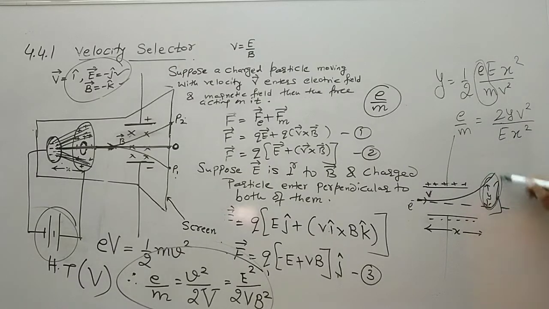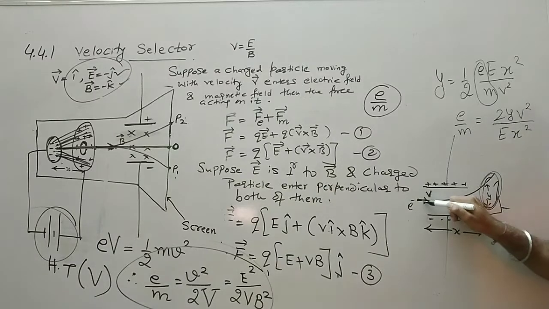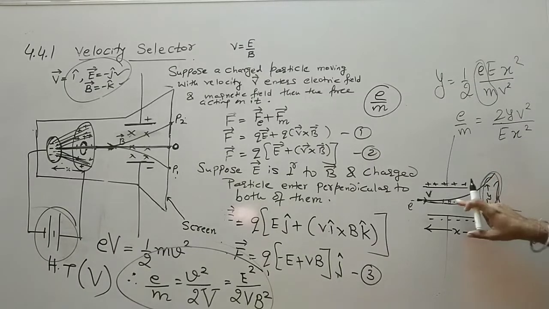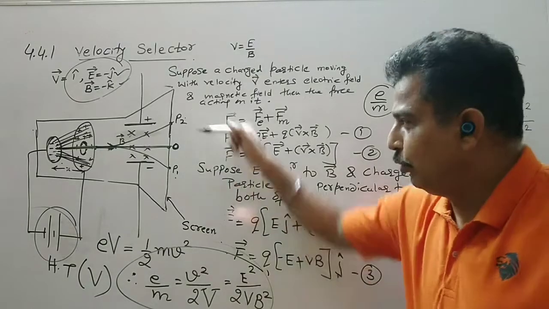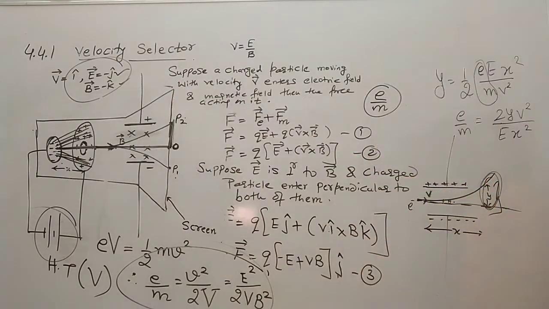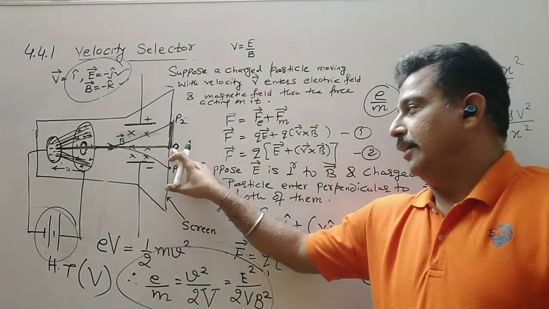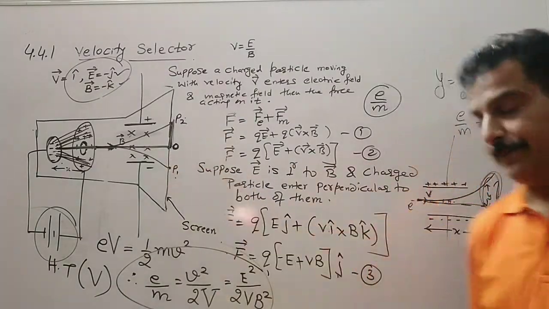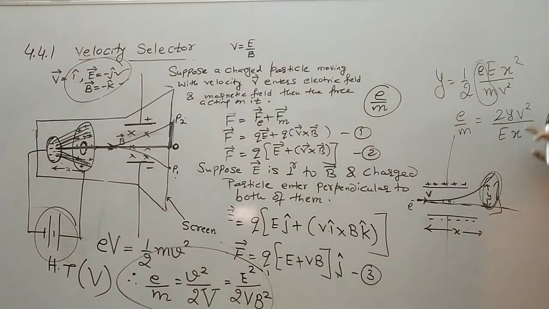This y can be easily determined by how much angle it is deflected. So we can calculate this distance either with the help of this angle, or you can directly measure the distance by which it is deflected by seeing the spot on the screen. So y can be determined.